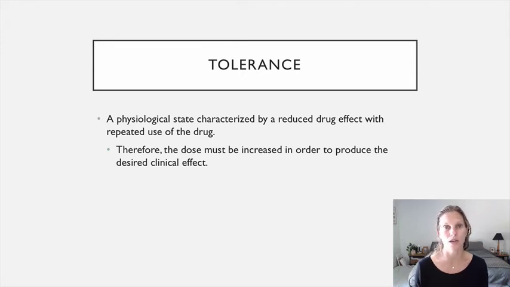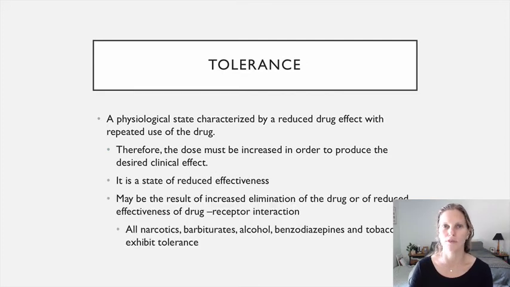There are many drugs that exhibit tolerance, and that's generally something that is given to you if you go to the extent of reading a drug manual. So in this state of reduced effectiveness, what makes this complicated is that these are scheduled drugs that exhibit tolerance.